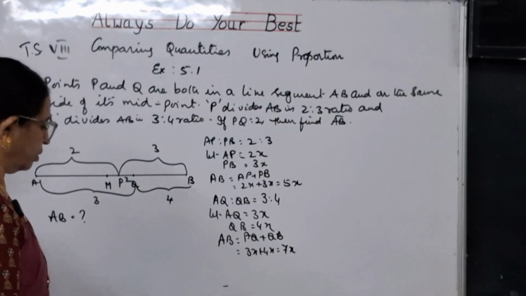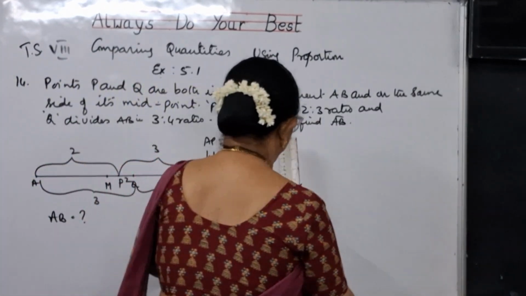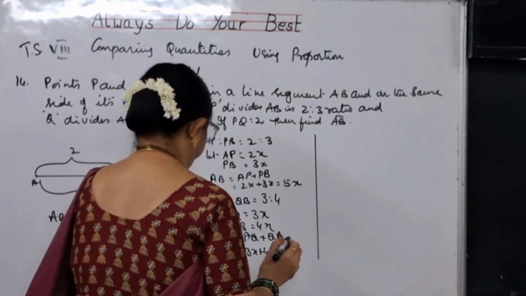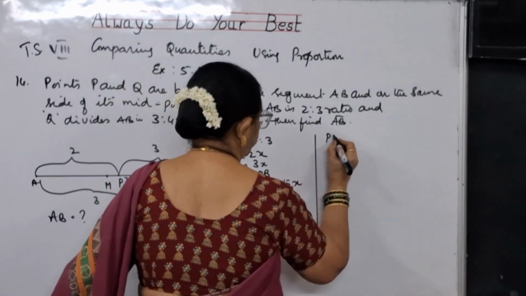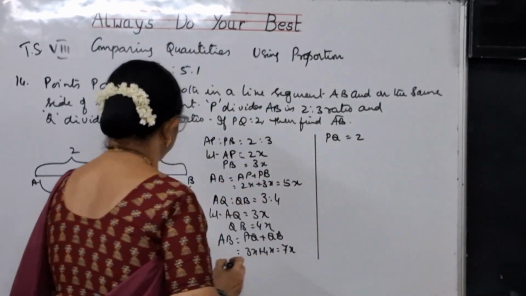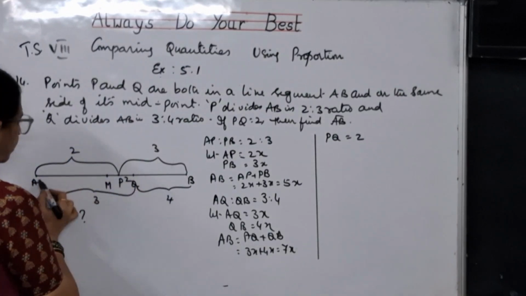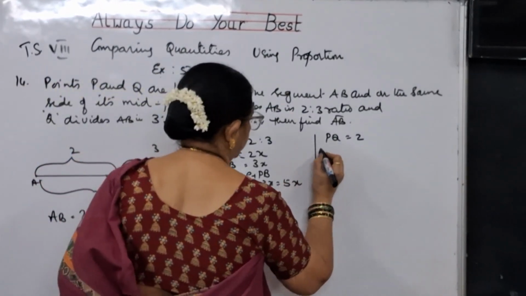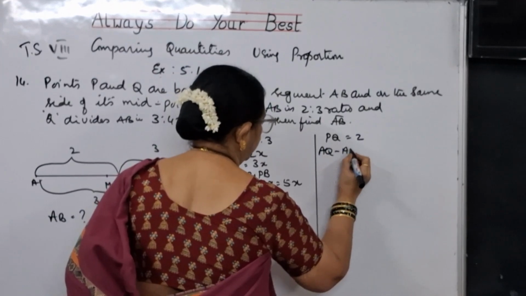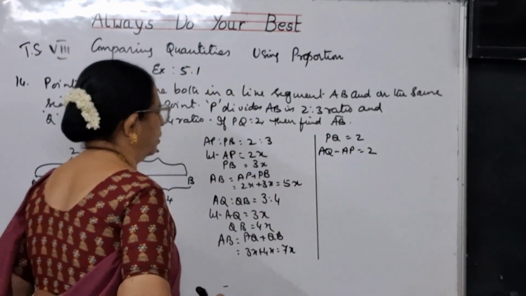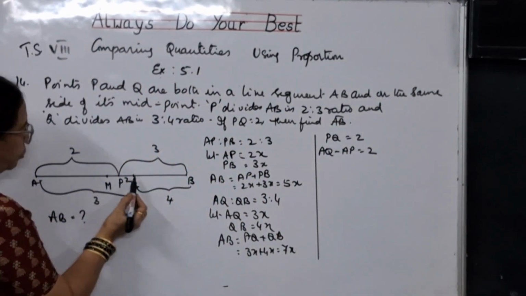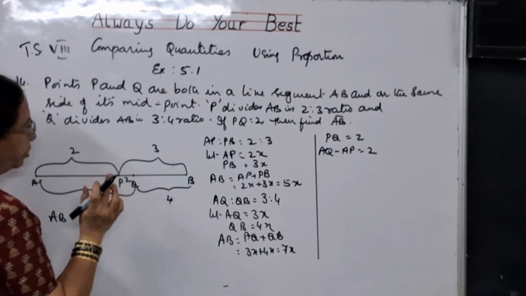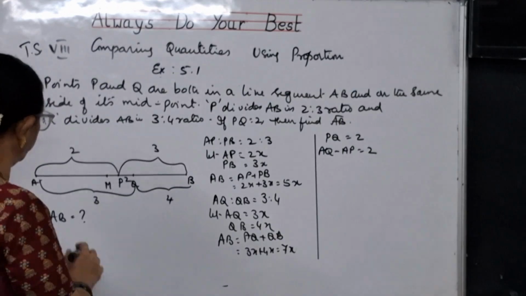Now, PQ they have given. PQ is equal to 2. How will you get PQ? AQ minus AP is equal to 2, yes or no? From A to Q, minus AP, you are getting PQ, which is 2.